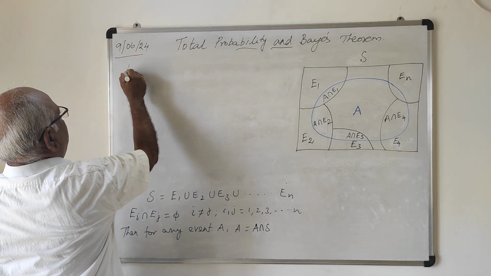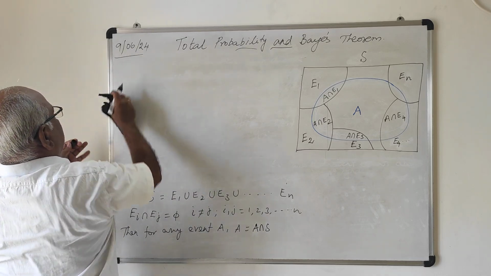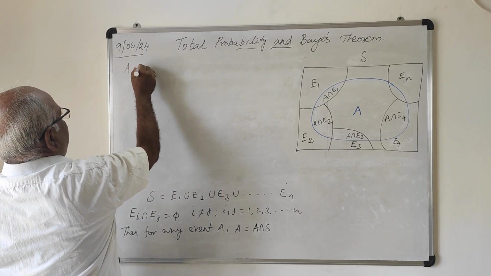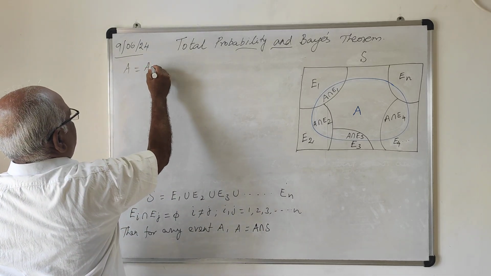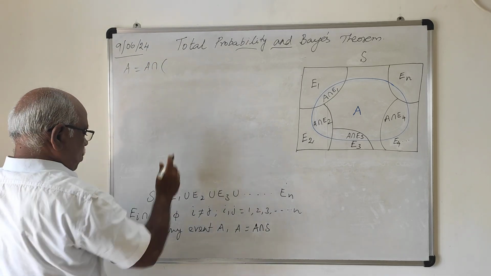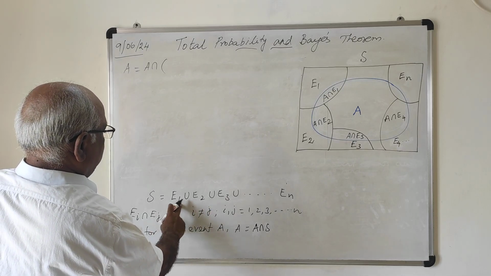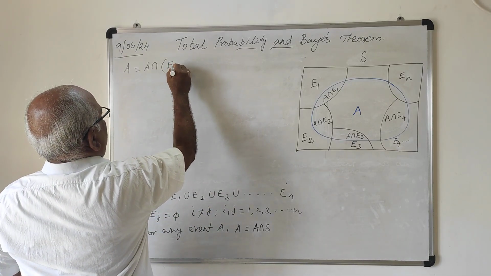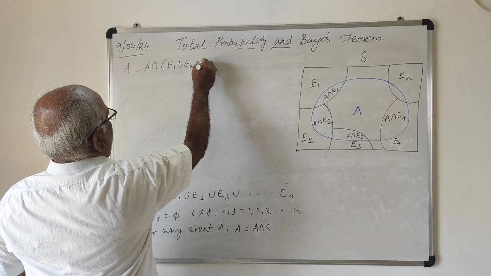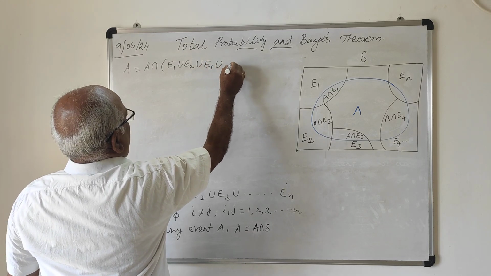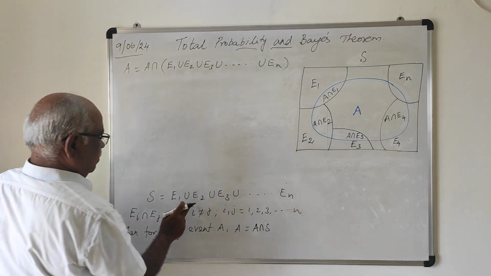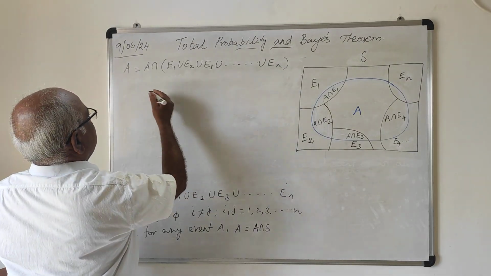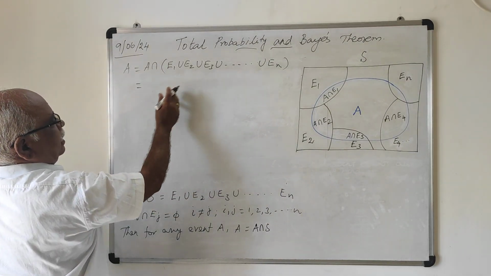Therefore, A equals A intersection S. You know S is E1 union E2 union E3 union etc. union En. S is replaced by E1 union etc. En. This is again by associative law.